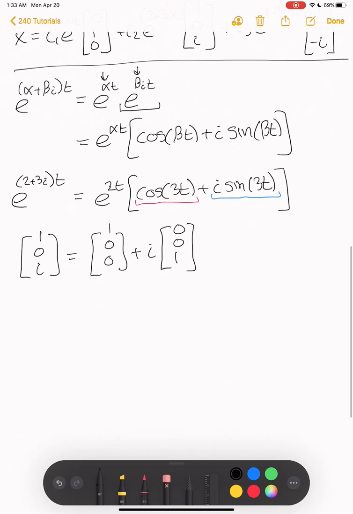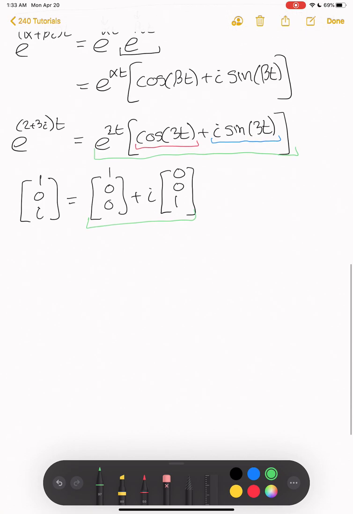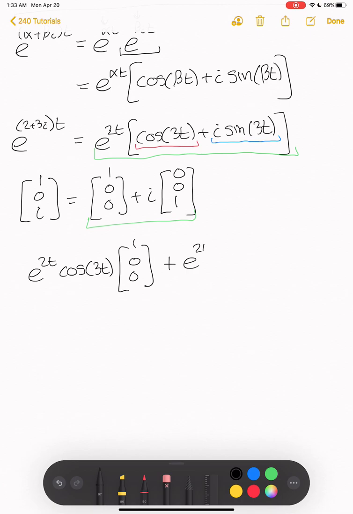And when I multiply this by this, what I end up getting is e to the 2t cosine 3t times my first vector, 1, 0, 0, plus e to the 2t i sine of 3t times my first vector. So I'm just taking care of this vector first.